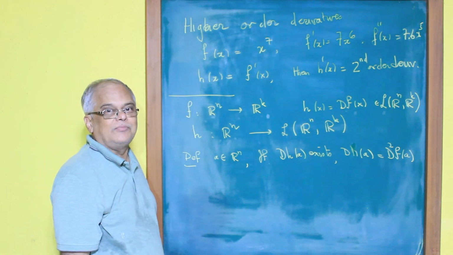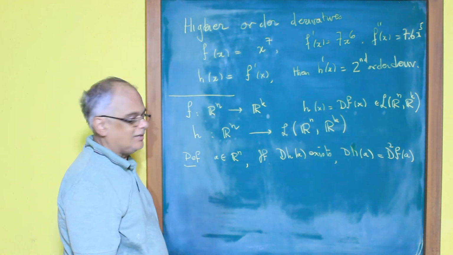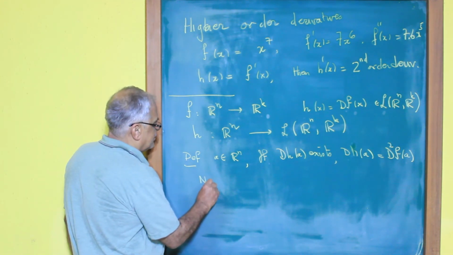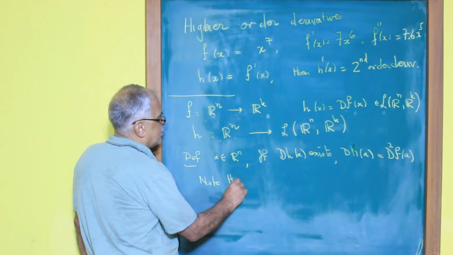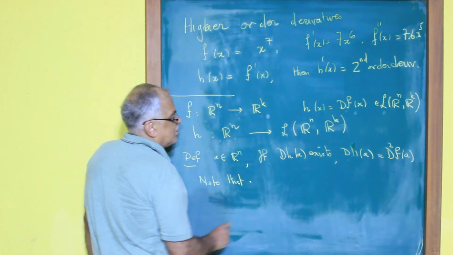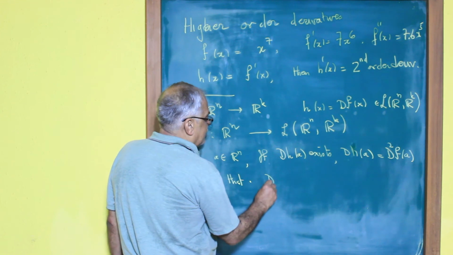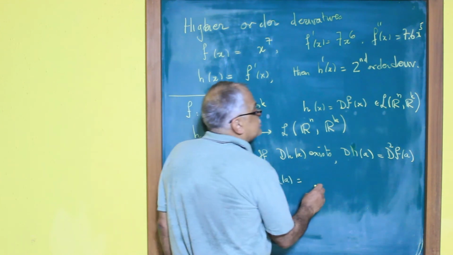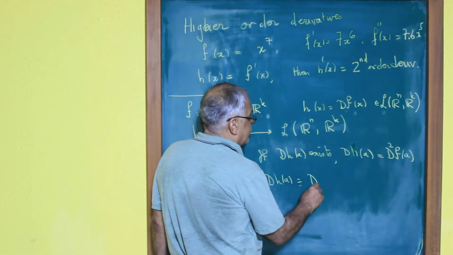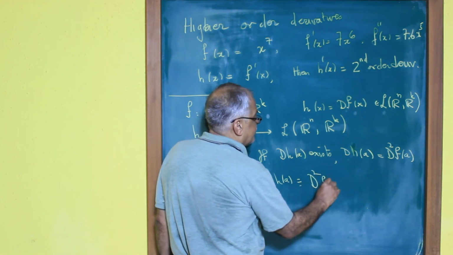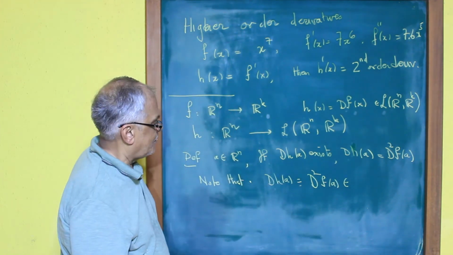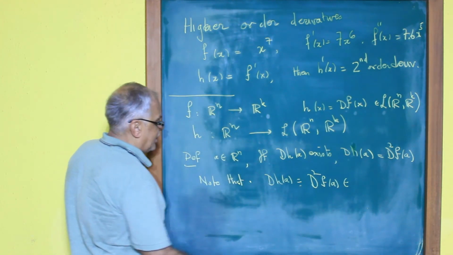Once you have this clear in your mind, then note that the derivative of h at a, which is the second derivative of f at a, is an element of, I need a bit more space, so let me write this again.